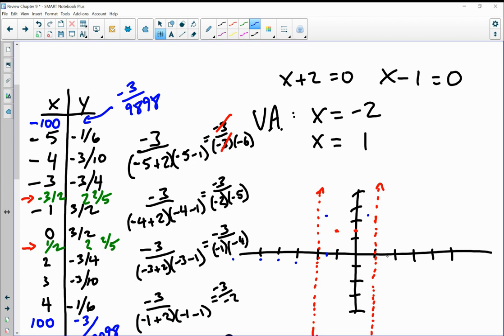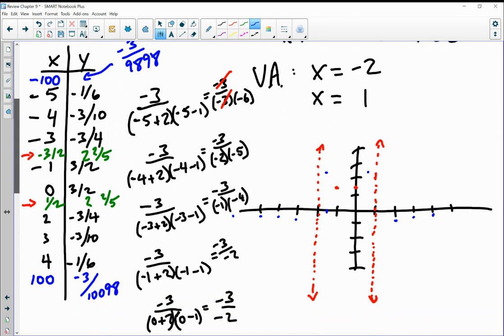And then on the plus side of 1, we have 2, negative 3/4. 3, negative 3/10. 4, negative 1/6. Okay, and then our really large point, 100, negative 3 over 10,098.